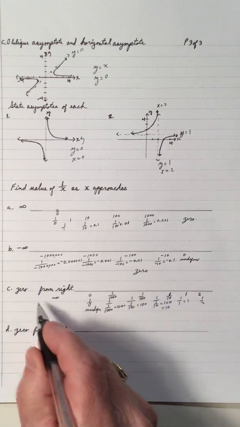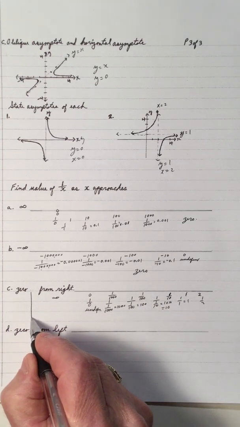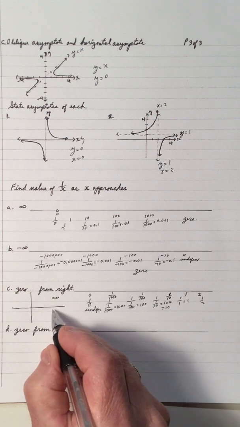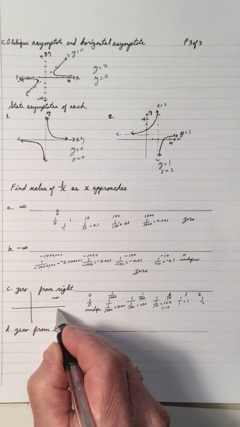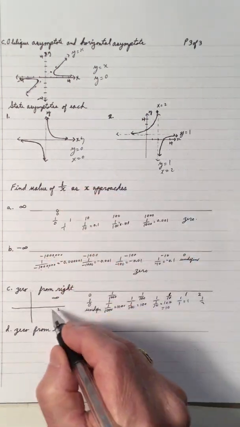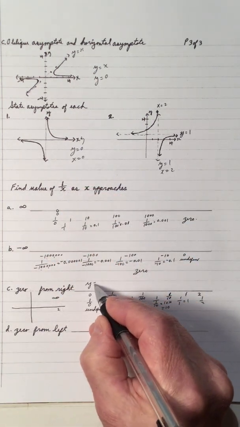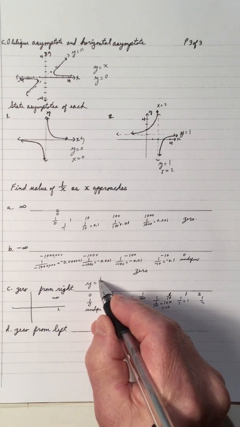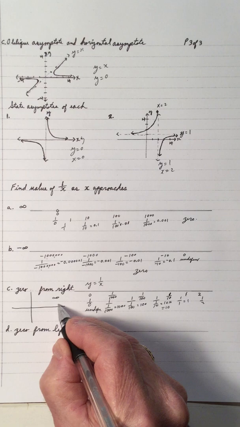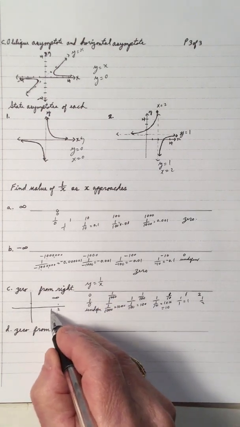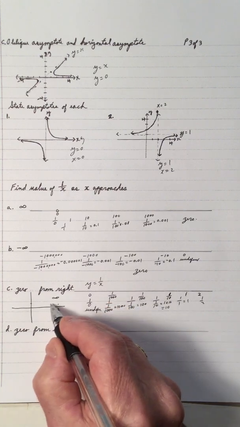Now, to explain that in relation to a graph. Say y equals 1 over x. If x is 2, then y is a half. If x is 1, 1 over 1, y is 1.